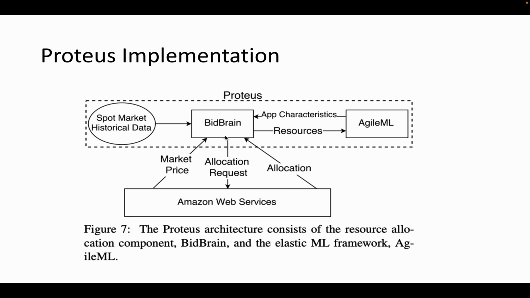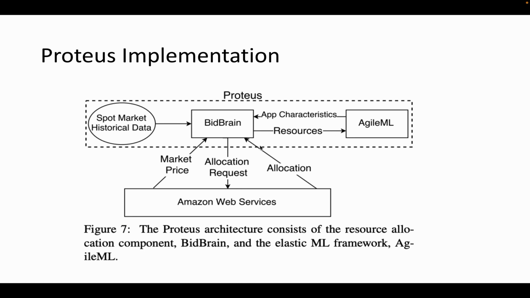With that data, BidBrain creates an allocation request to AWS, and AWS returns spot request IDs to BidBrain, which translates them to assigned EC2 instances. Then, with that allocation, BidBrain sends a message to AgileML's elasticity controller with a list of IP addresses and sizes of the instances in the new allocation.